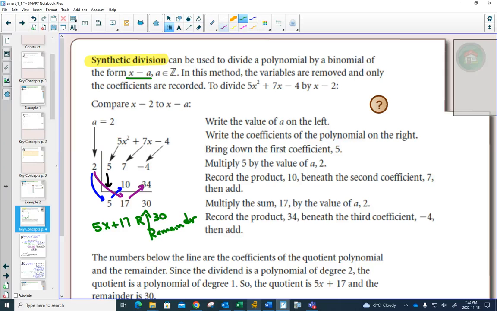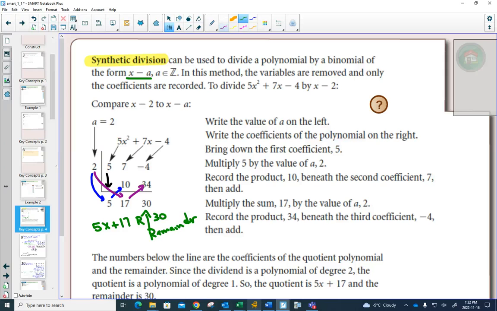We only learn the shortcut for when we're dividing by x minus a. So if we divided by 3x minus 5, you'd have to use long division. If we were dividing by negative x plus 1, you'd have to use long division. If you're dividing by x squared plus 7, you'd have to use long division.